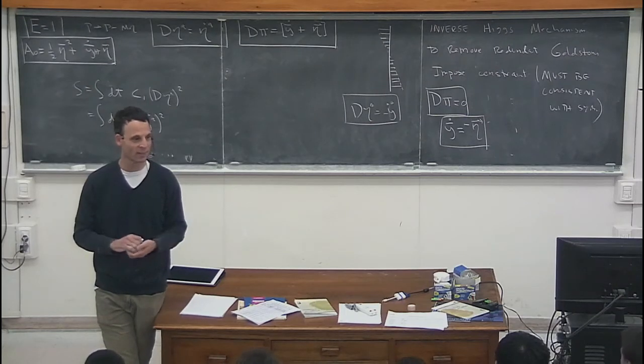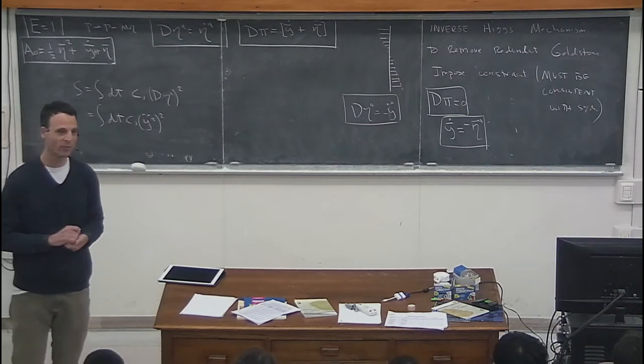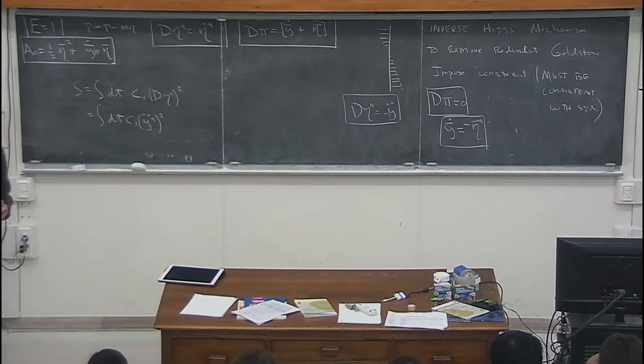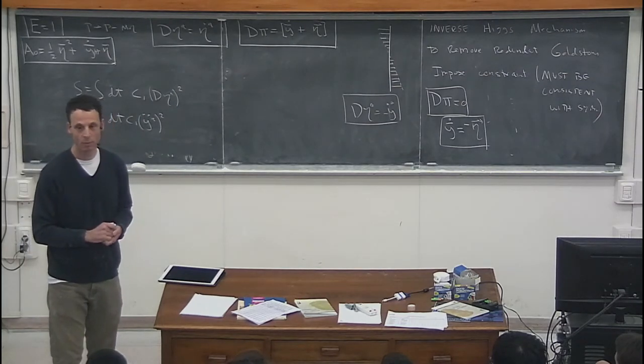But nonetheless, it's called Gauss's theorem. And what Ostrogradsky showed, in the 1830s or 1840s, is that any Hamiltonian system which is based on a higher order time derivative beyond 2 is inherently unstable.